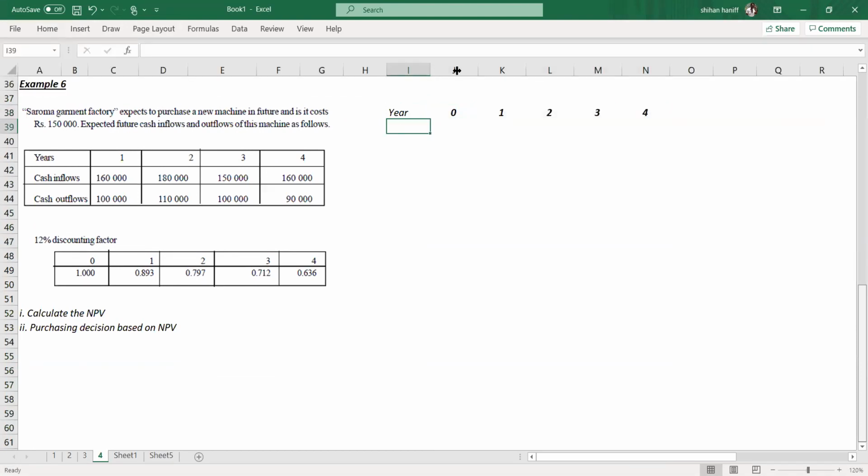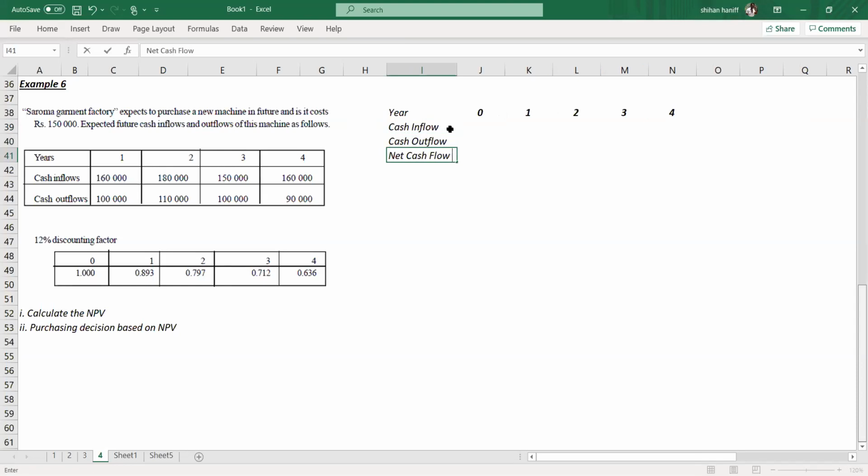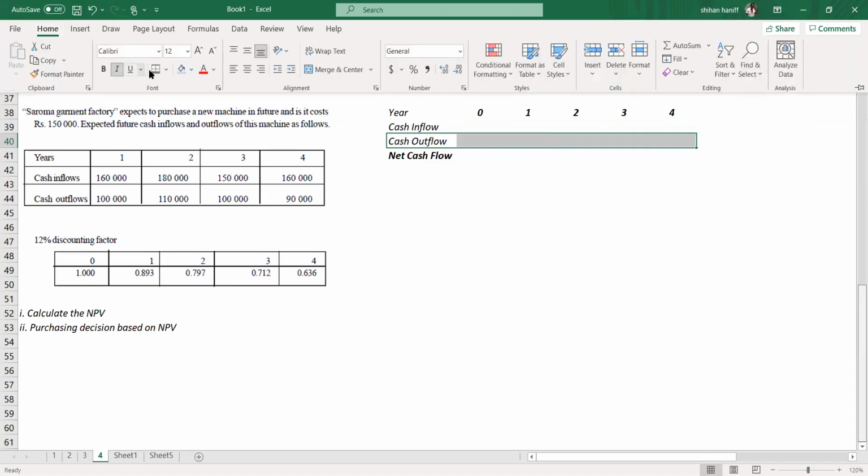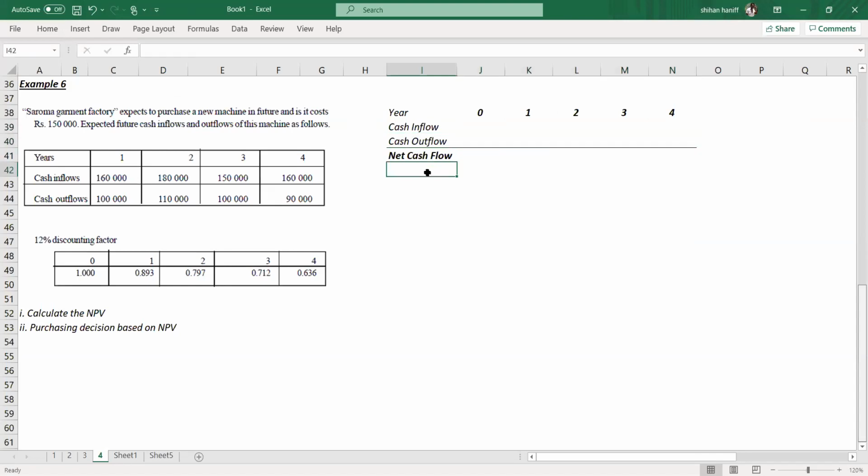Then we take cash inflow, cash outflow, and you have to calculate the net cash flow. So always you have to calculate the net cash flow. Then the discount.